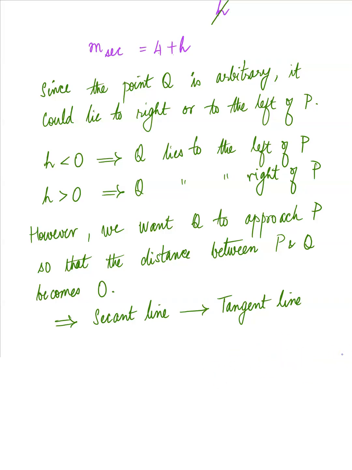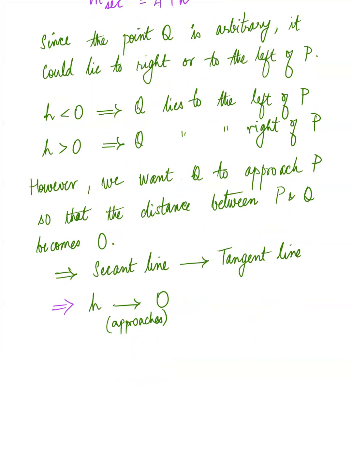That's what this description means. And this means that h approaches 0. Remember, this single arrow means approaches. And if h approaches 0, the slope of the secant line now becomes the slope of the tangent line because the secant approaches the tangent line.